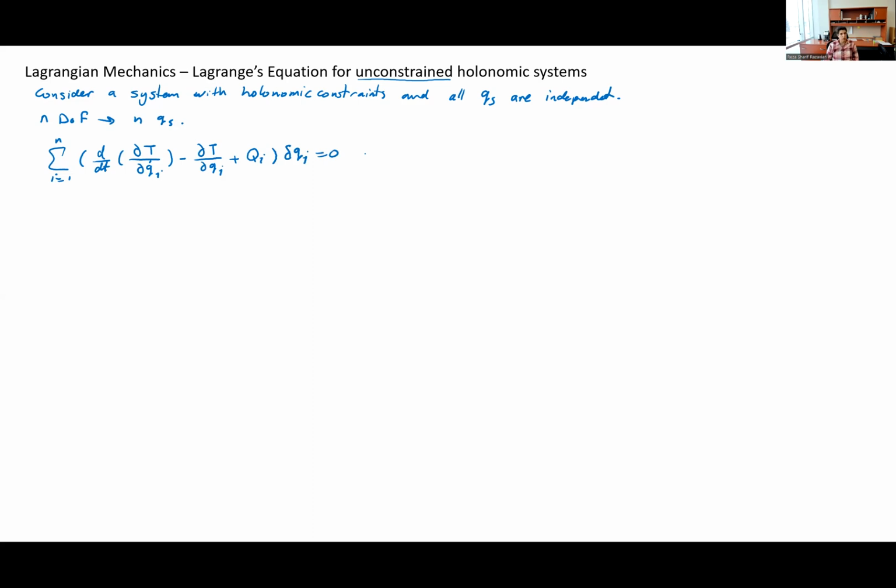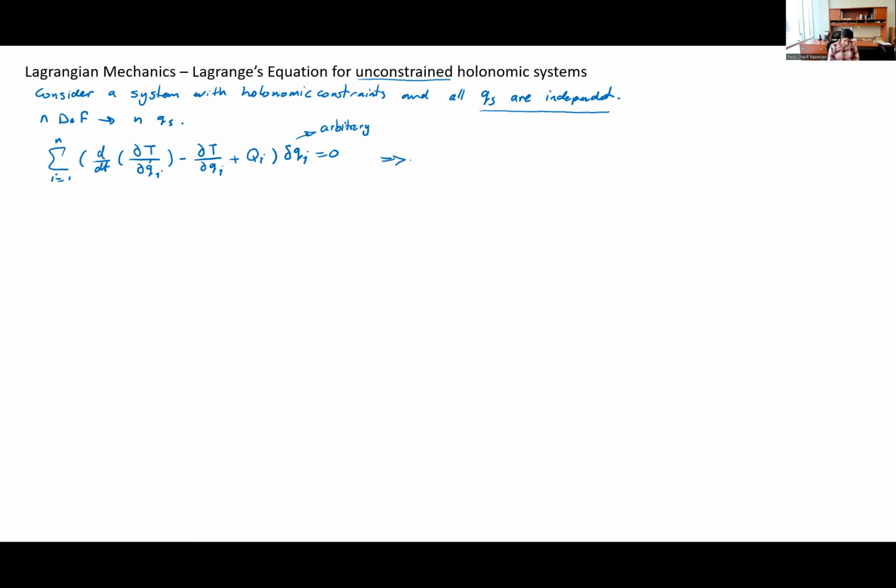So that was what we called Lagrange's principle. So now going to this condition, all Q's are independent. That means I can take all these delta Q's, virtual displacements, to be arbitrary, or I can change them arbitrarily, and still the summation has to be equal to 0.